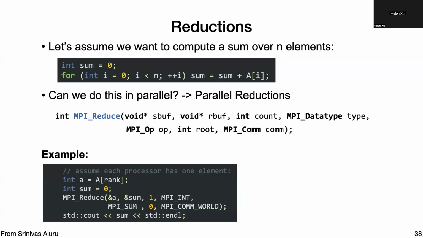And MPI already provides these things like MPI sum, stuff like that. Under the hood, those are just integers, and at compile time, it determines what operation it is. I think up to some limits. Yes, I think you can compose some of the operators.